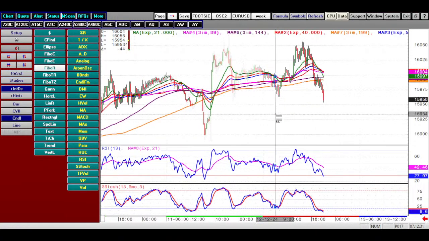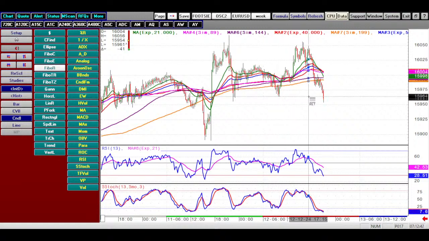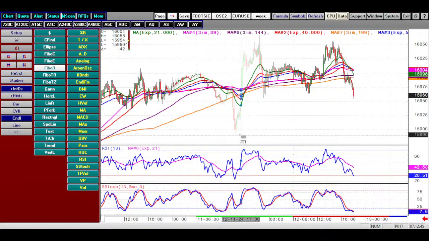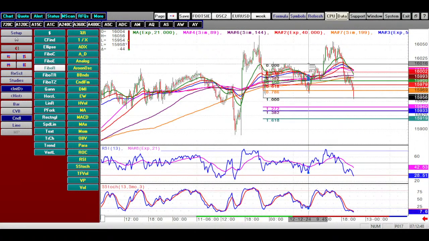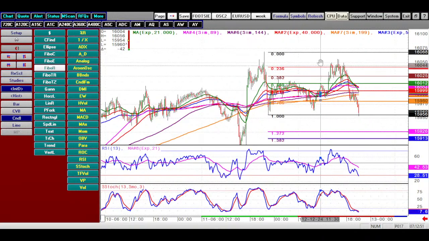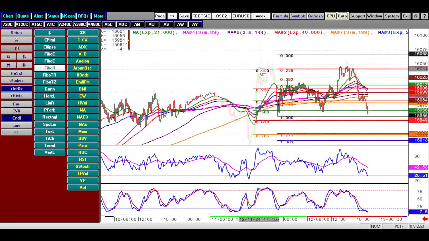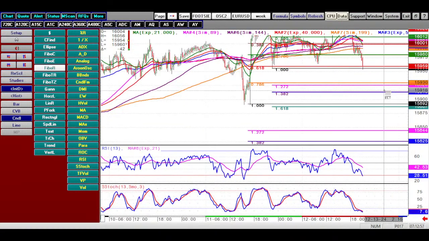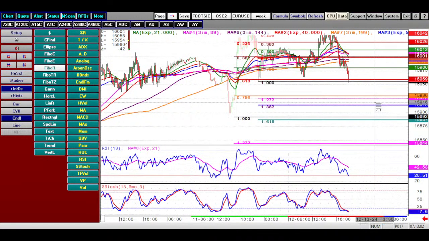Okay, the euro yen, right now this market is already breaking the benchmark level, which is 159.50. If it's expected to break, then the next level of support should be 158.90 or slightly higher, 159.15. So we are trying to buy somewhere at 159.15 with a stop below 158.85.